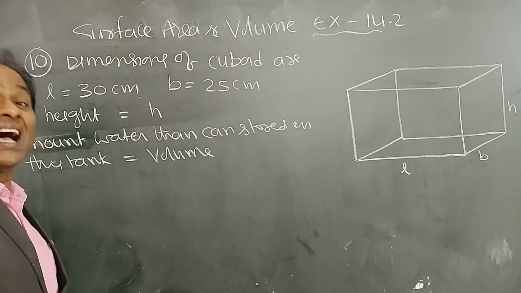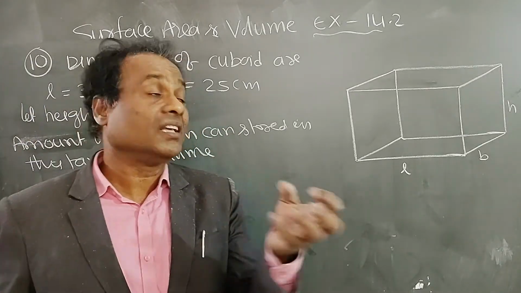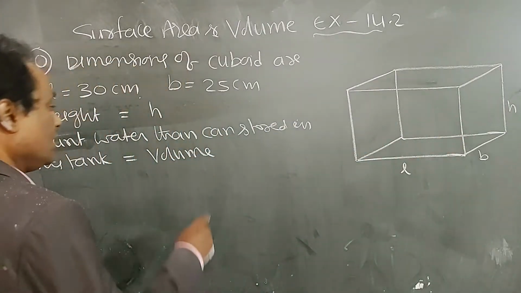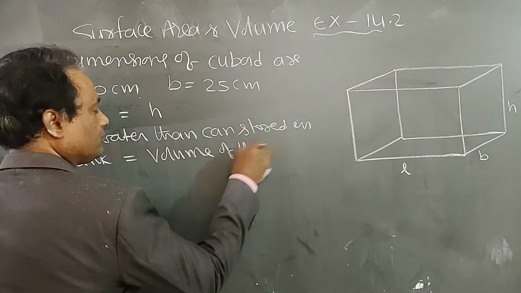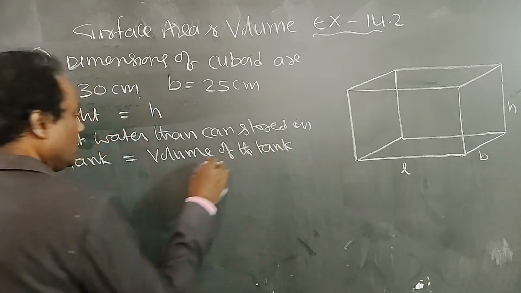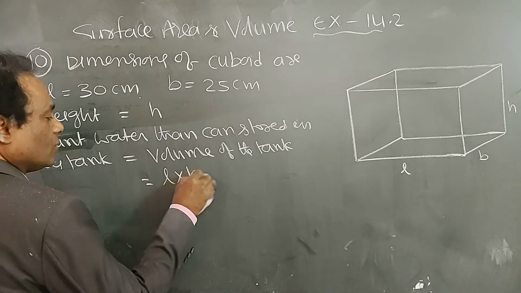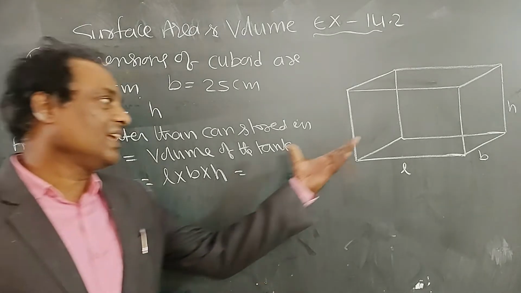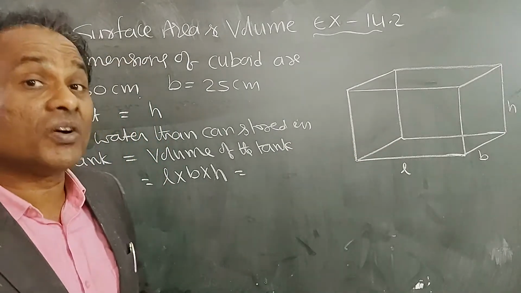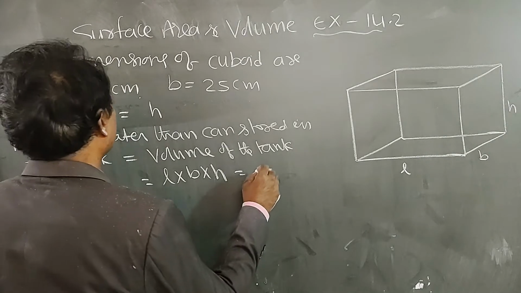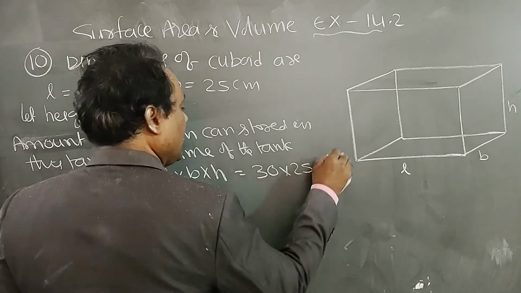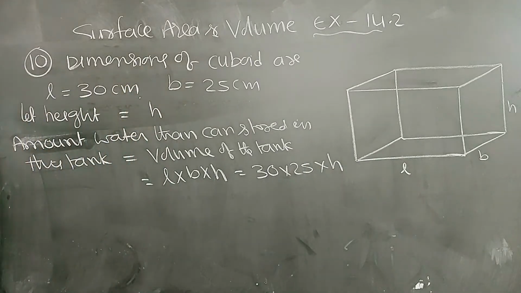The amount of water that can be stored in the tank is nothing but the volume of the tank. The tank is in the shape of a cuboid. What is the volume of cuboid formula? Length into breadth into height. 30 into 25 into h. This is the volume.